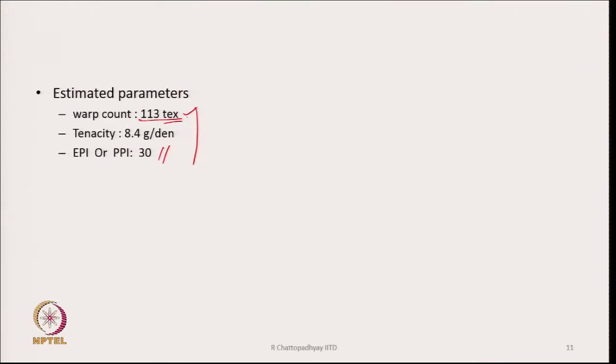Suppose 113 is not available, but 115 is available, or maybe 98 is available, or just 100 is available. This kind of practical situation may be there, then we need to adjust.